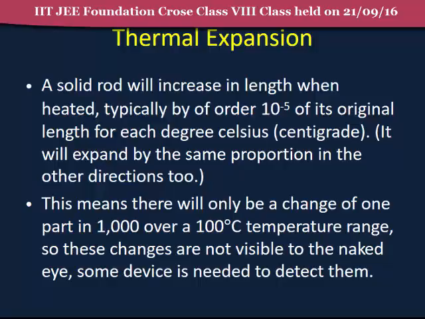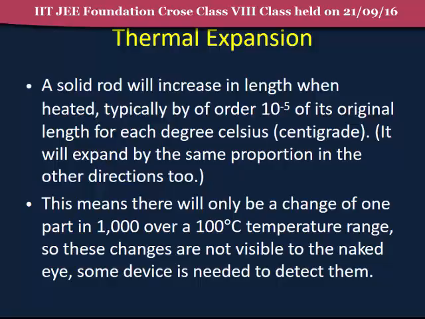This means there will be only a change of about one part in 1000 over a 100 degree temperature range, so the change is not visible to the naked eye. What are the changes? Very small changes, 10 to the power minus 5, very small.